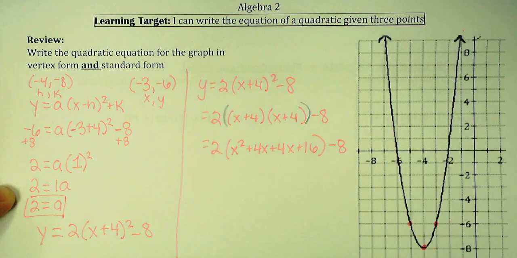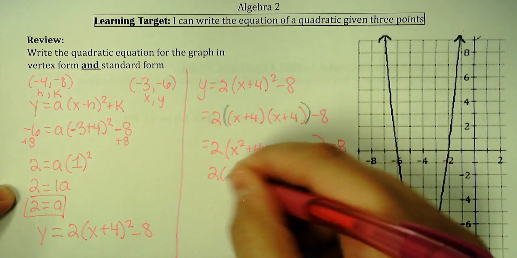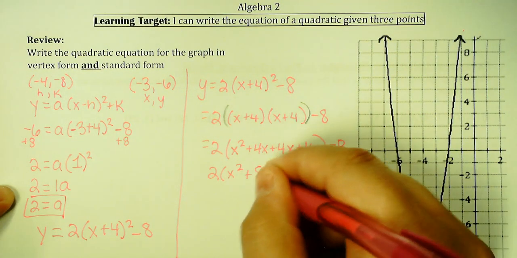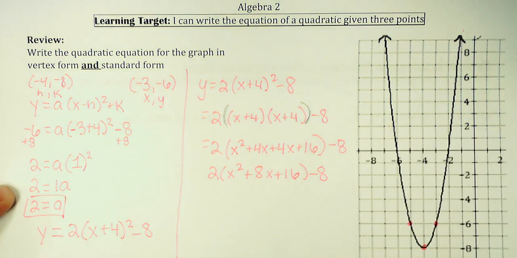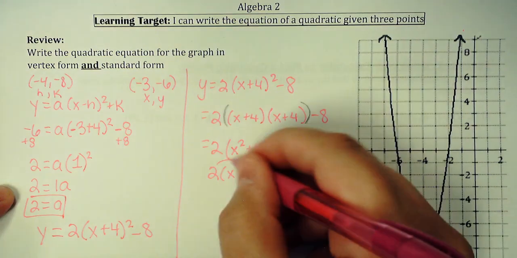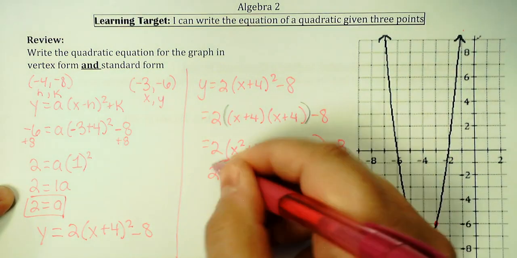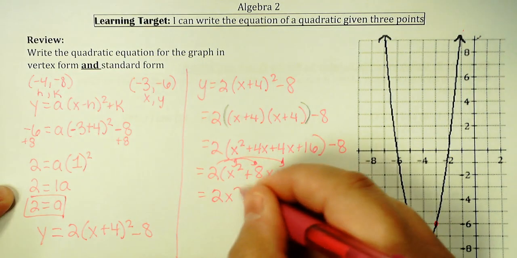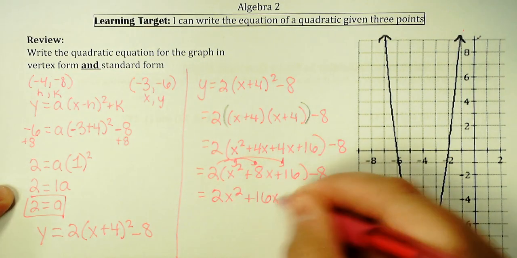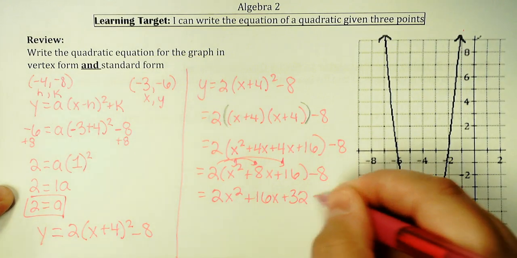That's outside of that. So in terms of writing my standard form, I'm going to combine like terms real quick on the inside of those parentheses, but you only want to distribute the 2 to your (x plus 4) squared, which is what I have in the parentheses here. So this would be 2x squared plus 16x plus 32 minus 8.